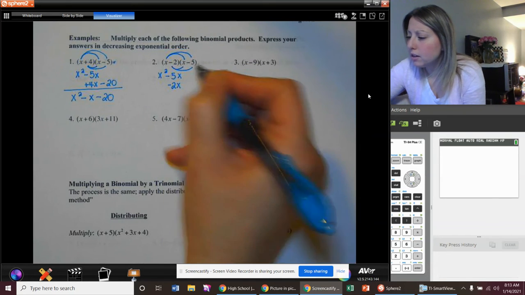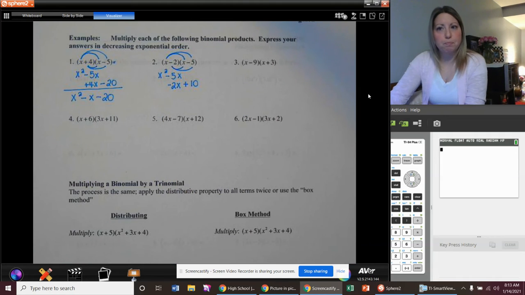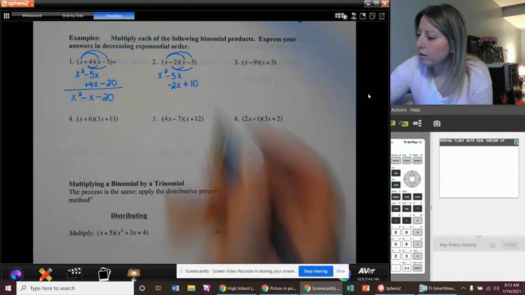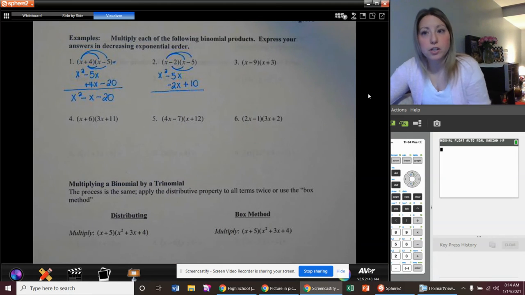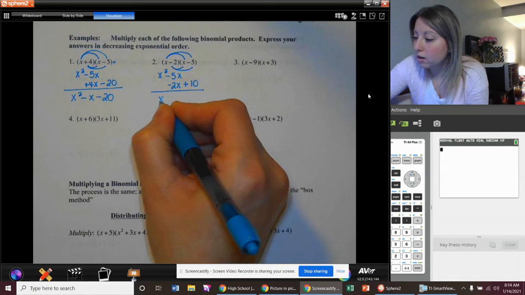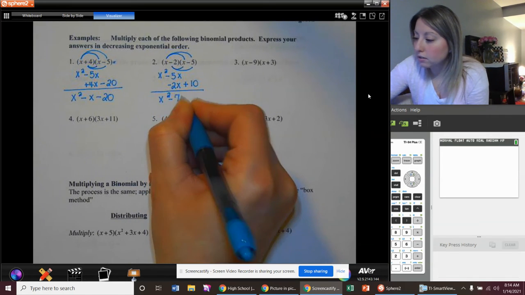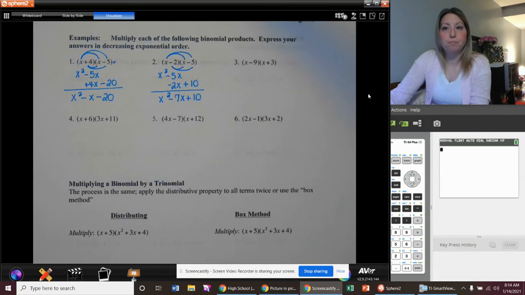And negative times negative is a positive 10 for my last term. Okay. All right. Something else to note, right? So let's combine like terms vertically. Oh, well, they're the same sign. So really you just add up the number and keep the sign in front. So you get x squared minus 7x plus 10 as your final answer there.